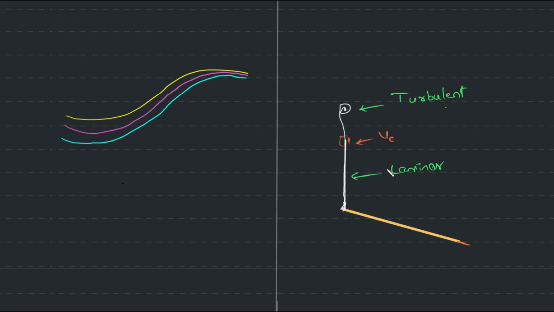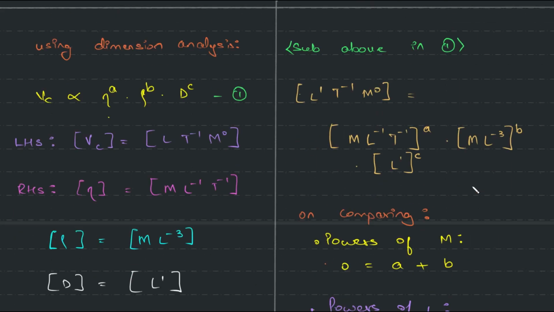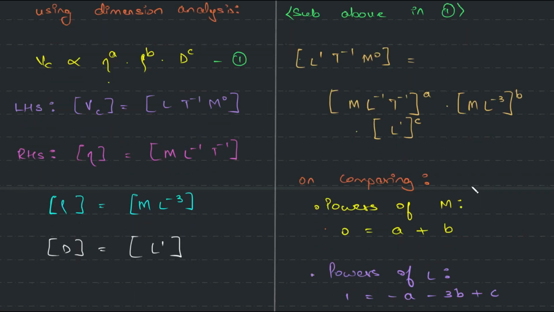Not exactly, but the point is, it's a transition from here to there. So critical velocity is that velocity wherein we transition from being laminar to turbulent. If you open a pipe and we have a steady stream, it continues to flow if there's no other disturbance.